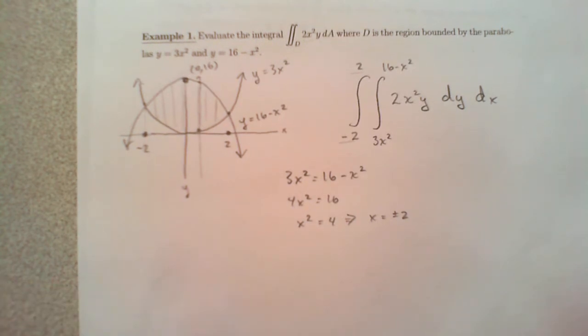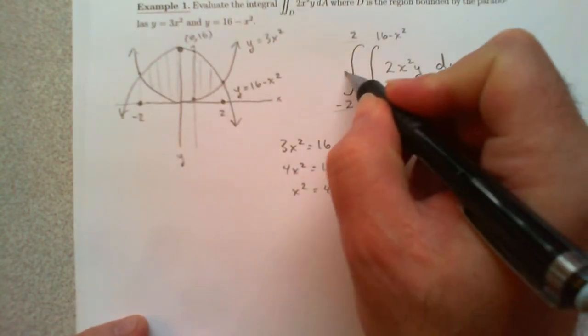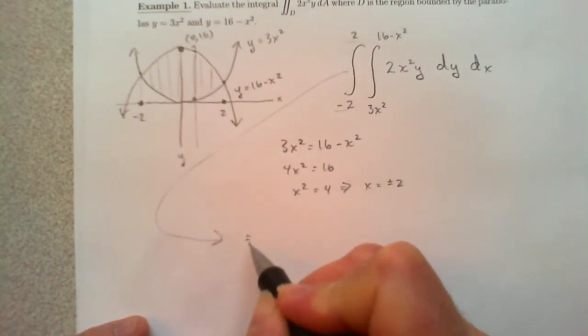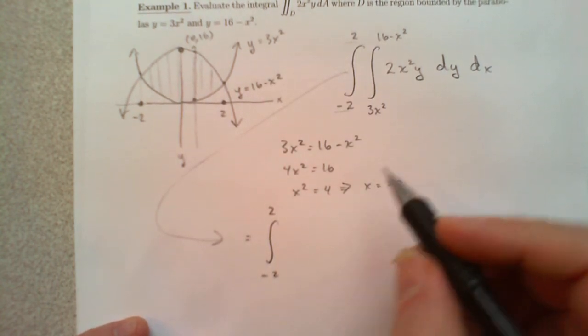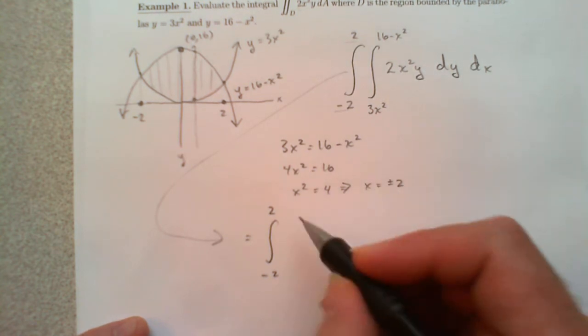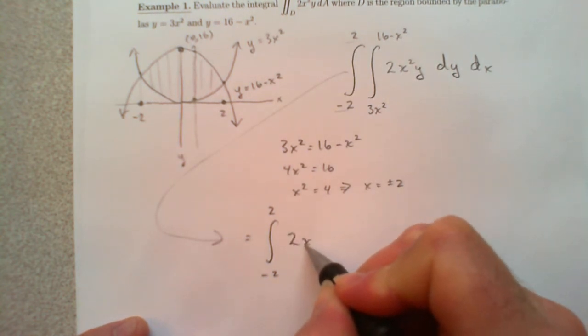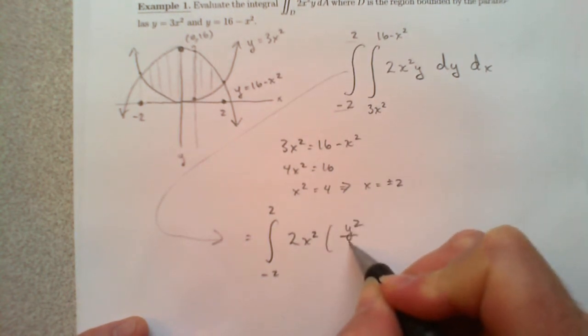Okay, so let's finish this off a little bit further. I'll leave the outer integration alone, and I'm going to integrate with respect to y. With respect to y, 2x squared is a constant, and then the antiderivative is y squared over 2.